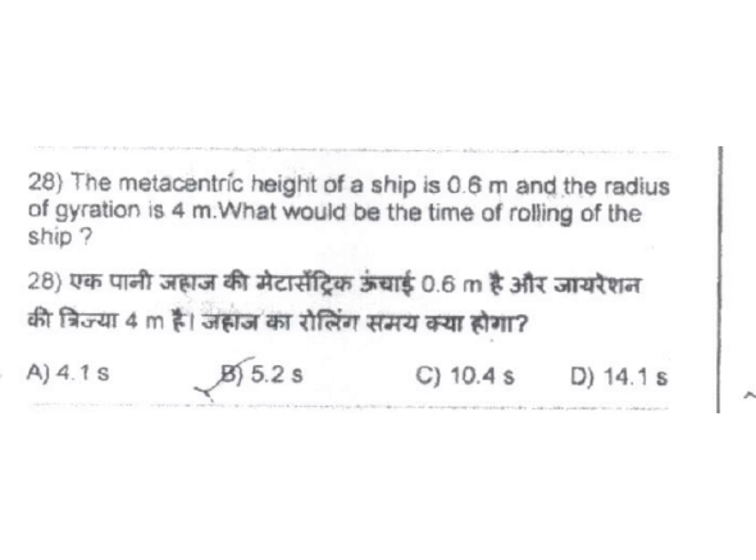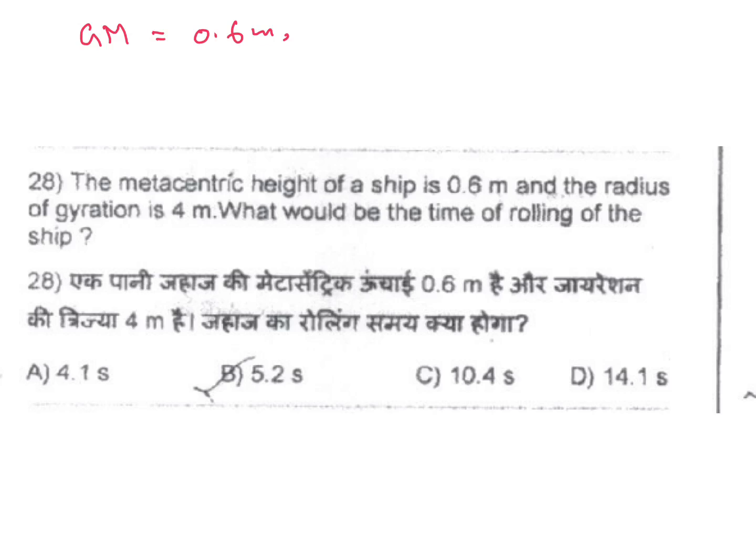The metacentric height of a ship is 0.6 meter and the radius of gyration is 4 meter. What would be the time of rolling of the ship? Formula is, first we have to write the data. Metacentric height GM equal to 0.6 meter.